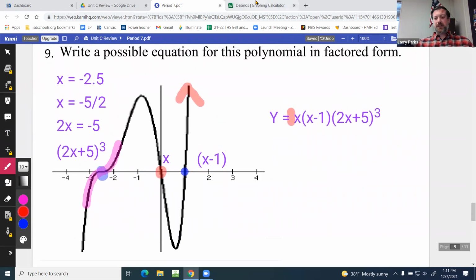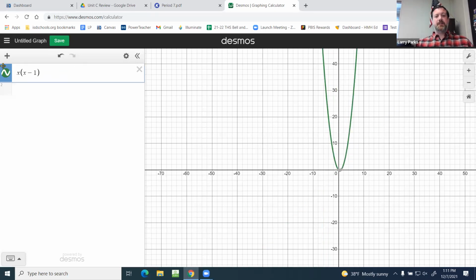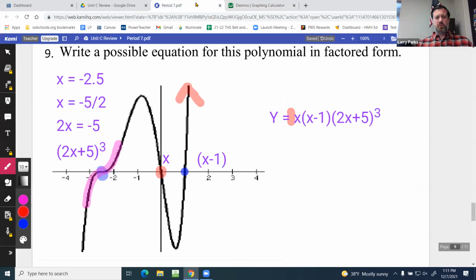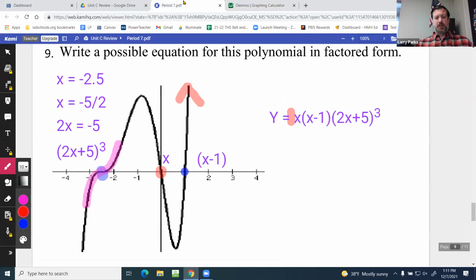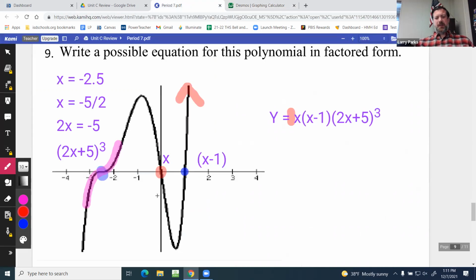So just to check our work, x minus 1, 2x plus 5 to the third. And it doesn't have to be exactly the same. See how this one goes down much more? But it's close enough.